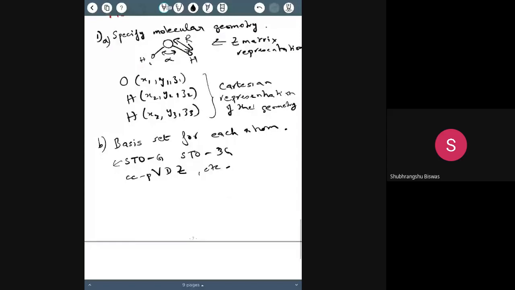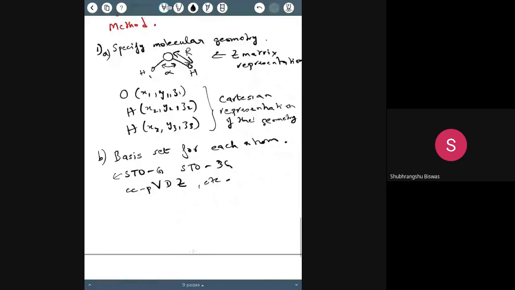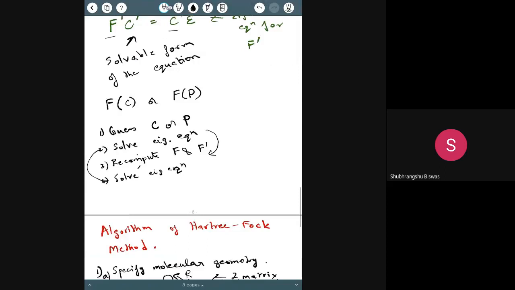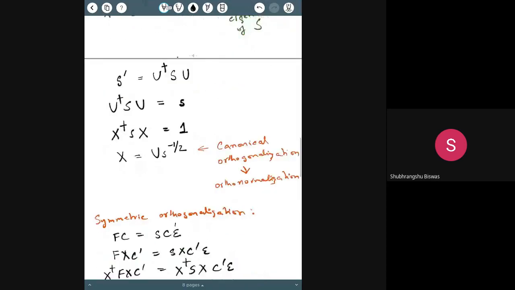Once you have the geometry and the basis set, you need to compute the atomic orbital integrals. Notice that in the final equation that we decided to solve, we no longer have molecular orbitals. They are all atomic orbital integrals.